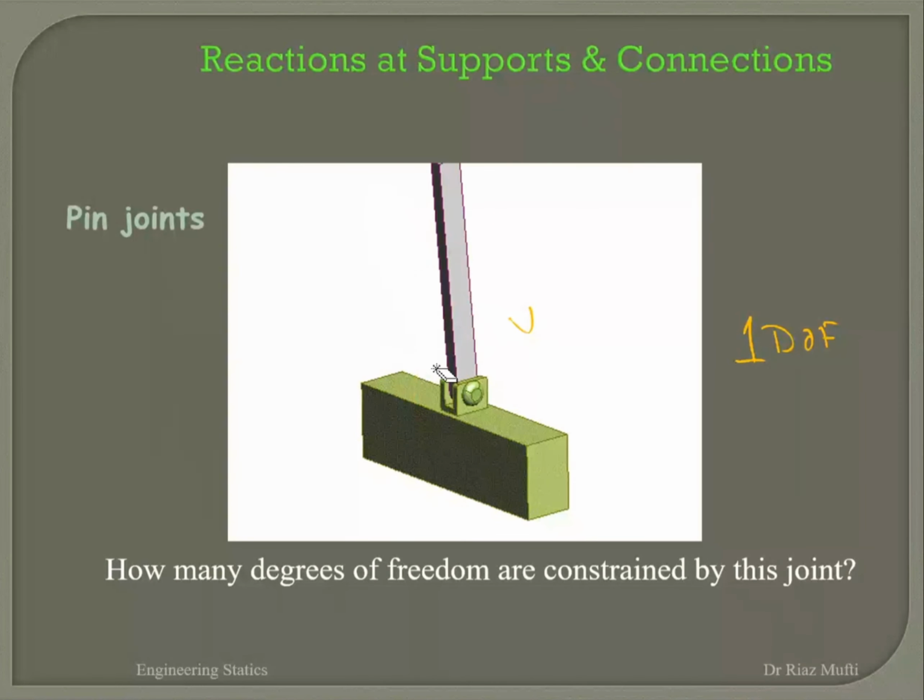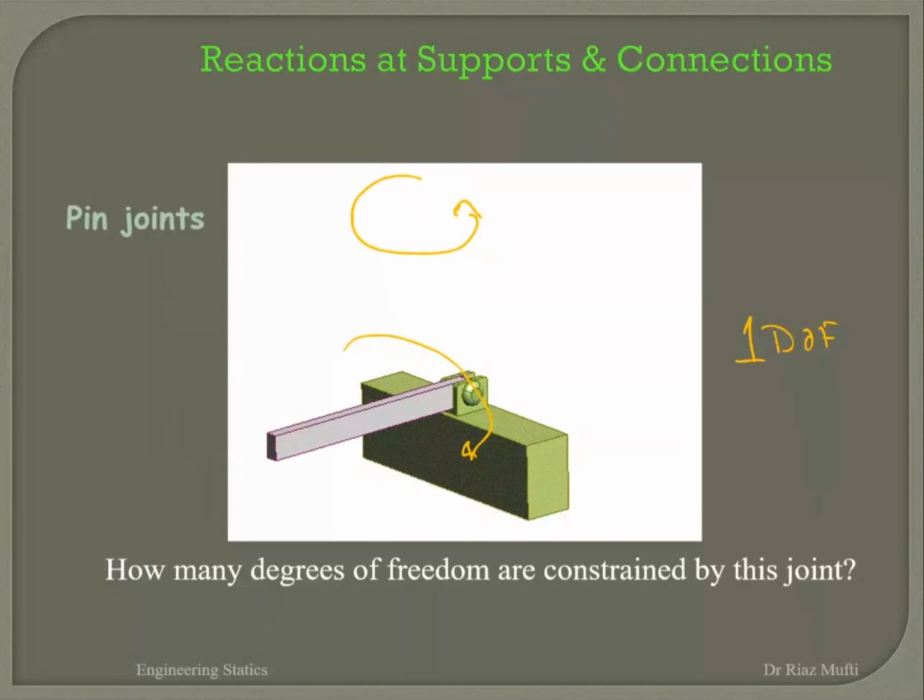Now let's look at the other. I cannot rotate it along this direction because the joint won't allow me to do that. And I cannot rotate it along this direction because the joint doesn't allow me. So in simple words, this joint has got 1 degree of freedom and 3 degrees of constraint. Is that clear?